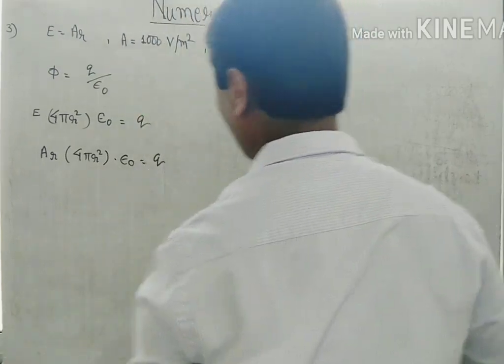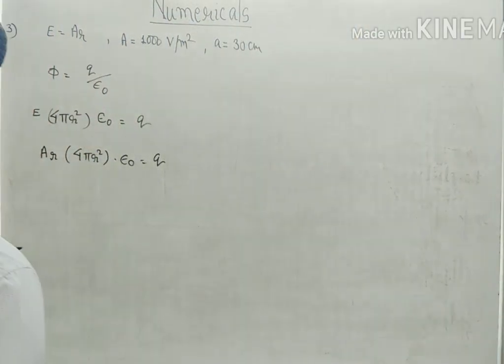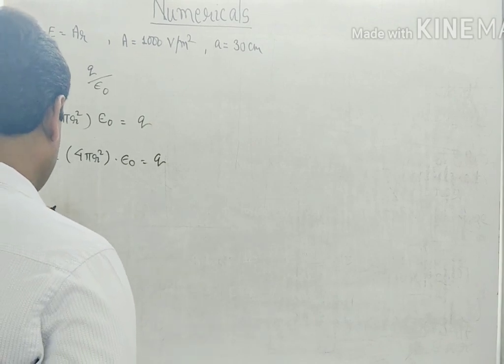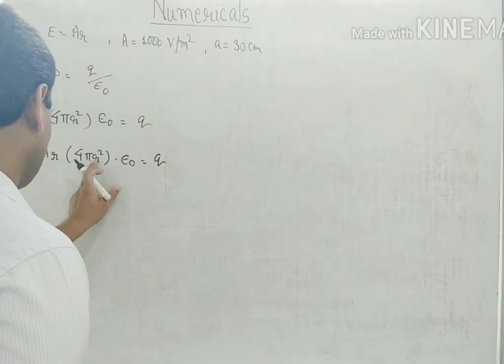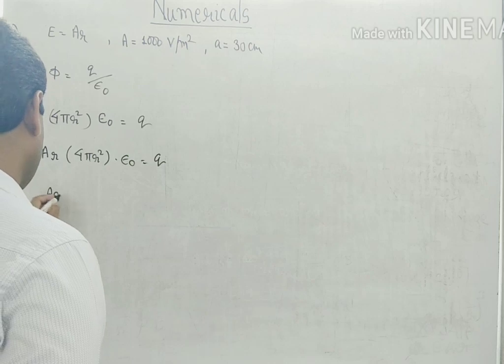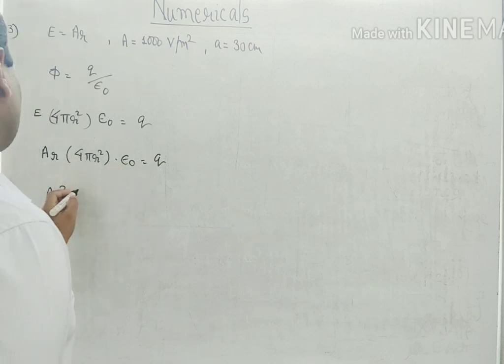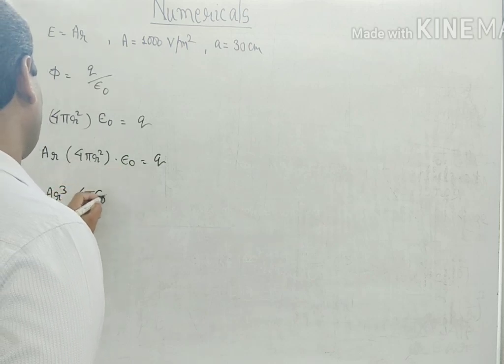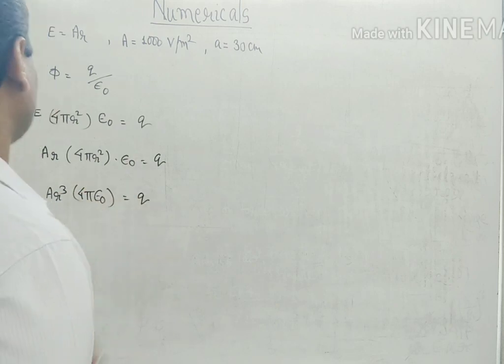So this becomes A into r cube, and 4 pi epsilon naught together, which is equal to q.